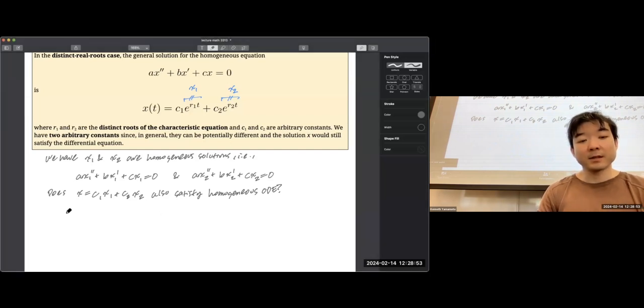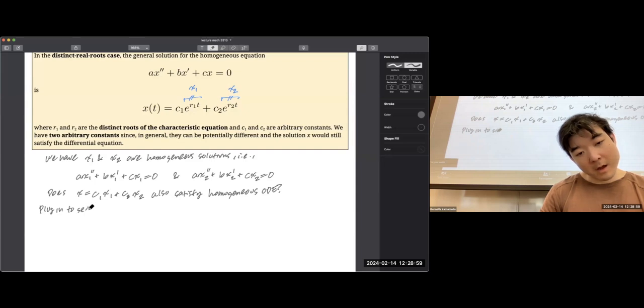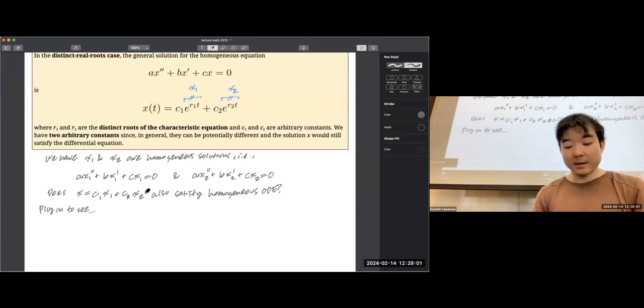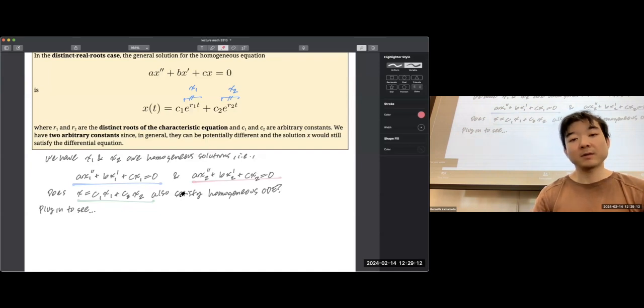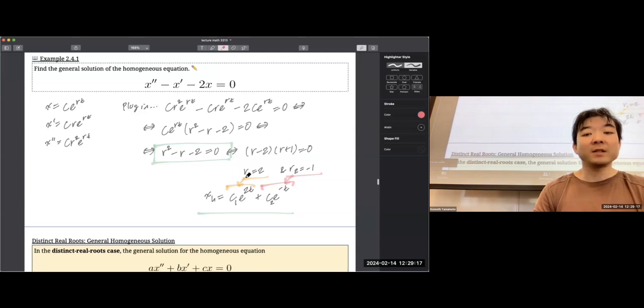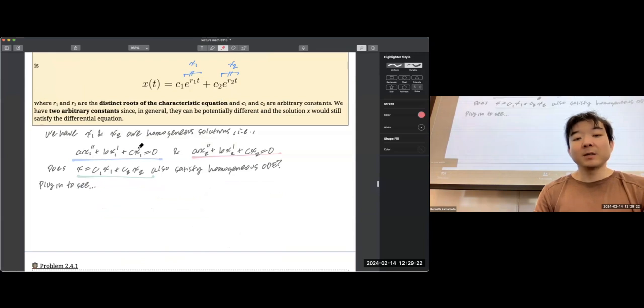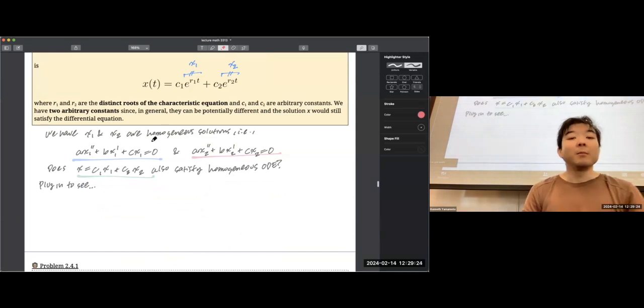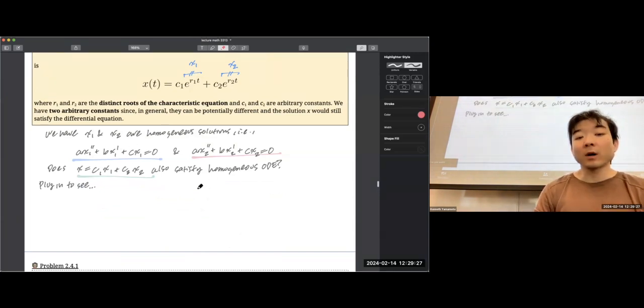Let's plug it in. So we know these two are true. The first homogeneous solution will satisfy the differential equation. The second homogeneous solution will also satisfy the differential equation because we forced it. We found these R's that would force this to satisfy this differential equation by plugging it in. So we know those two separately should work, but the sum of those two, will that work? You just plug in to see.